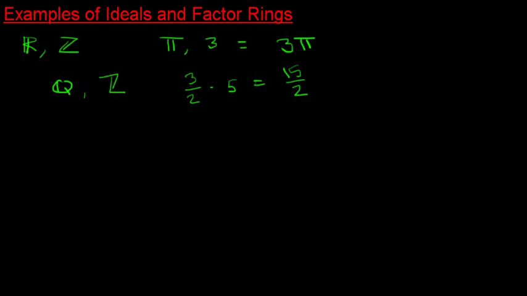Alright, so those are some examples of things that are not ideals, and obviously I could do more, but I think you're probably getting bored at this point. So let's look at some things that are ideals.